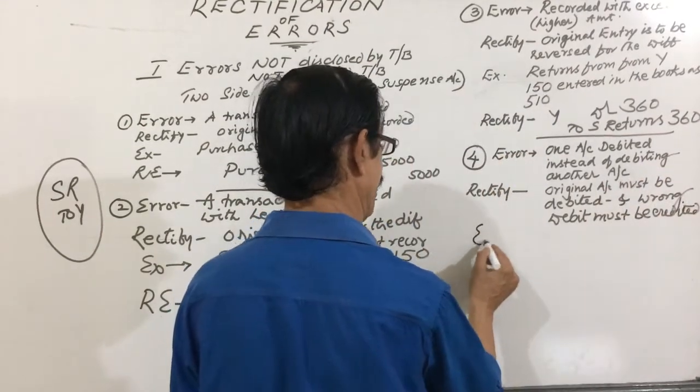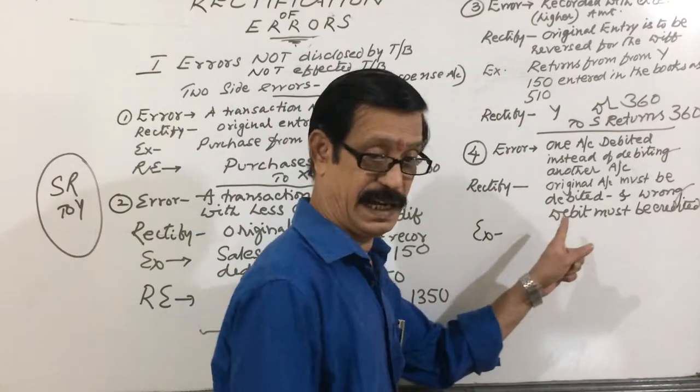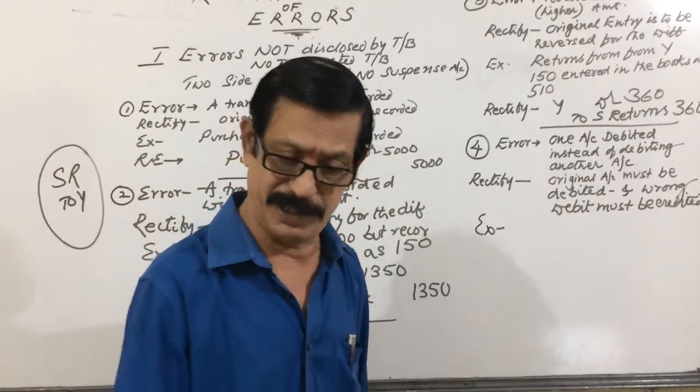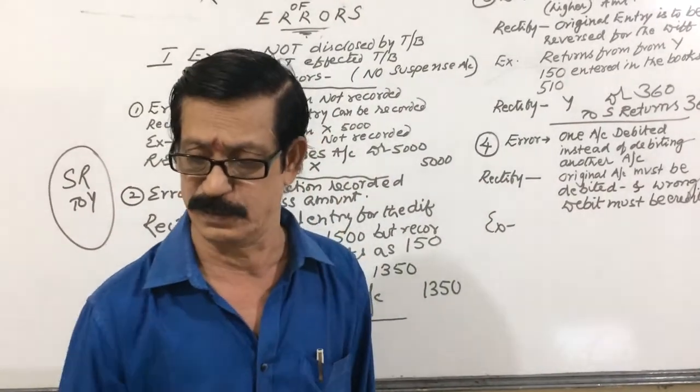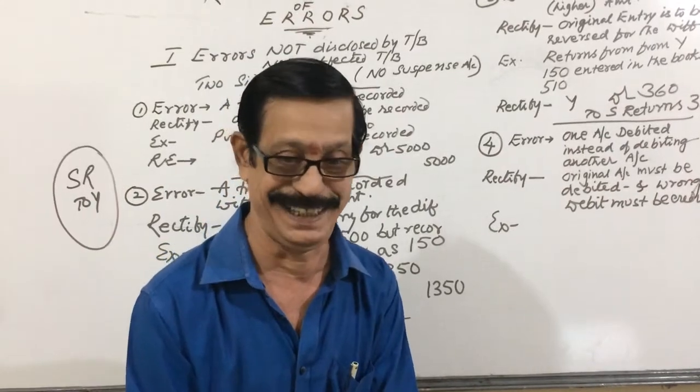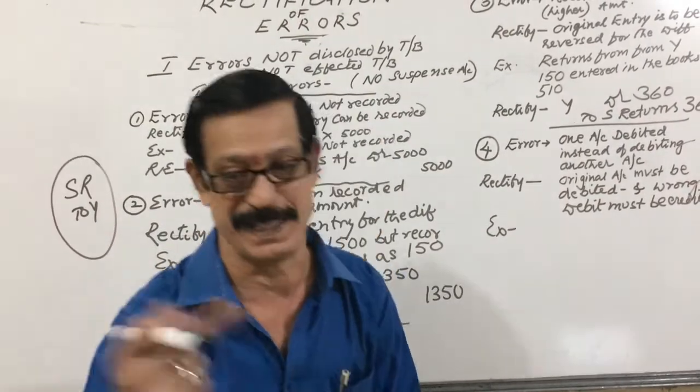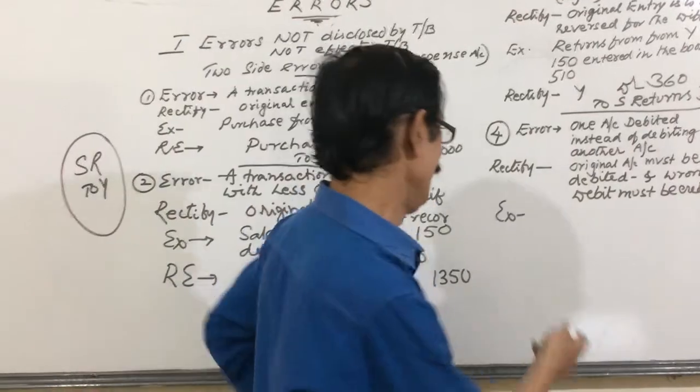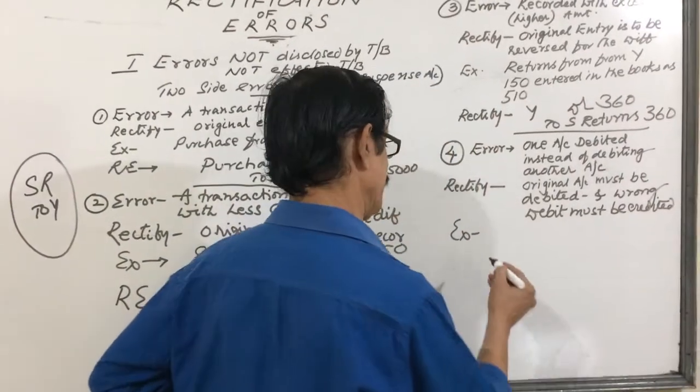Well, dear students, I am giving an example here. Understand or not? Instead of debiting one, they debited another account. The original account must be debited. What they debited wrongly must be credited. Look here.